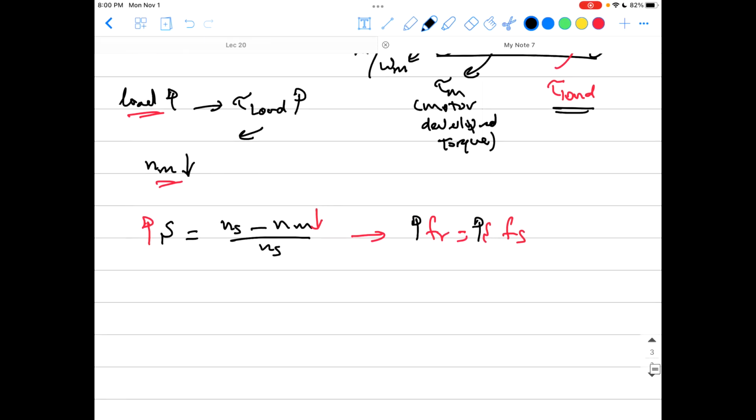And what does it mean? That means the N slip, the slip speed, goes up, because remember the slip speed equals 120 F rotor over P. So with the increase in this F rotor, your slip speed goes up.